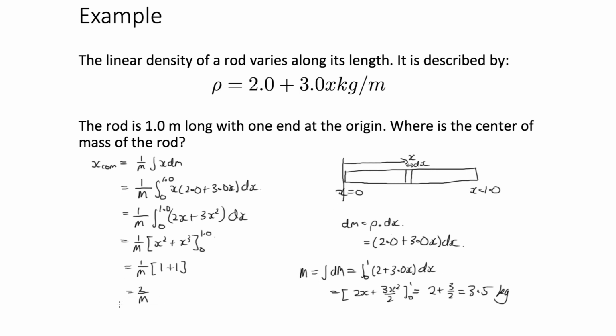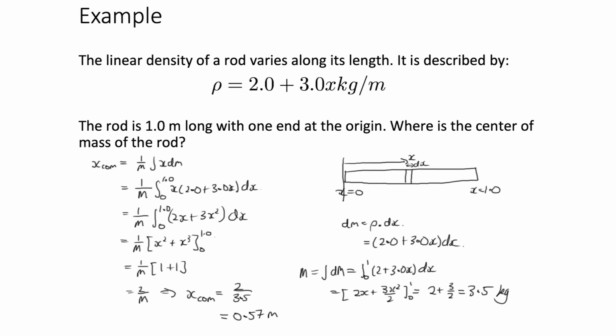So this tells us that the x for the center of mass is equal to 2 divided by 3.5, which is equal to 0.57 meters.